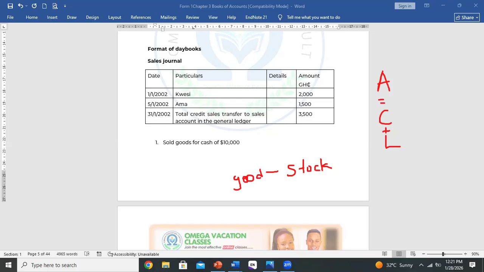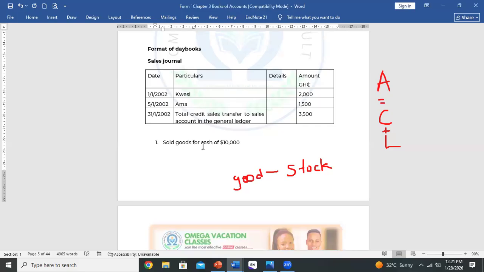Which professor is going to give us the effect on the accounting equation? Is it going to increase asset and decrease liability or whatever?